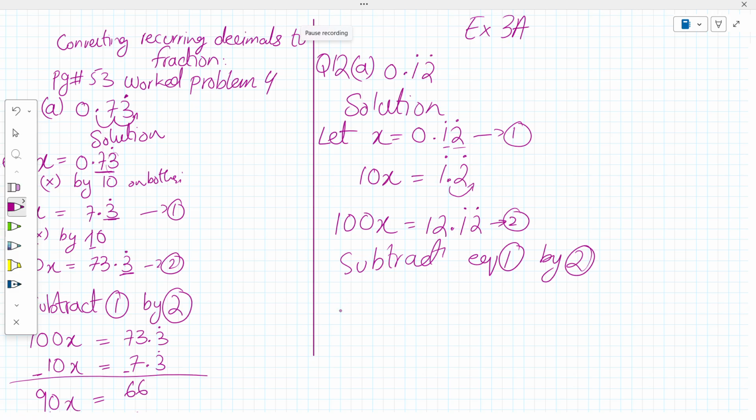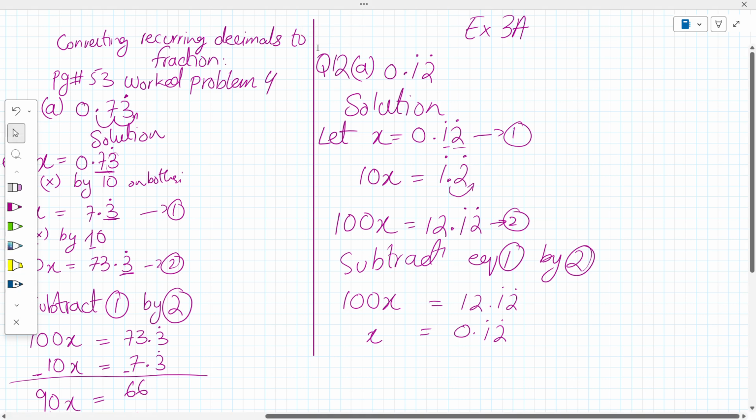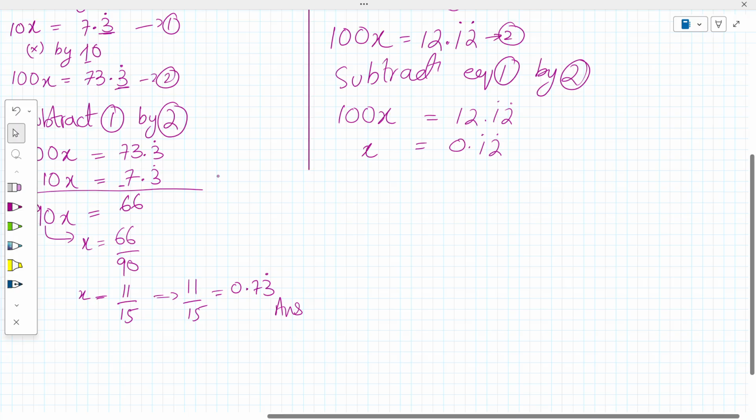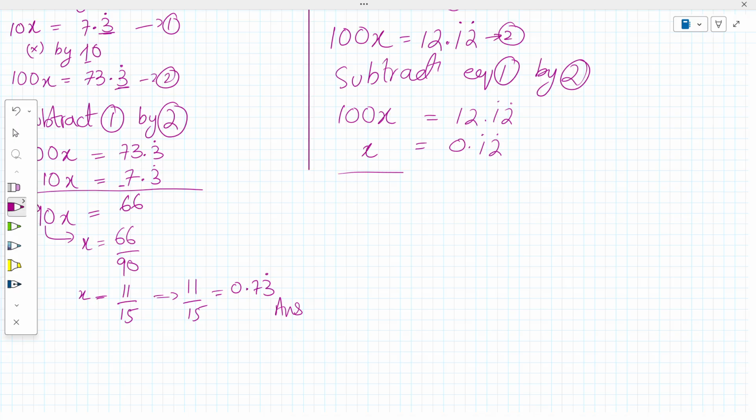So the value will be 100x equals 12.12, and here x equals 0.12 with the dot notation. After the subtraction, 100x minus x will be 99x, and this value will become 12.